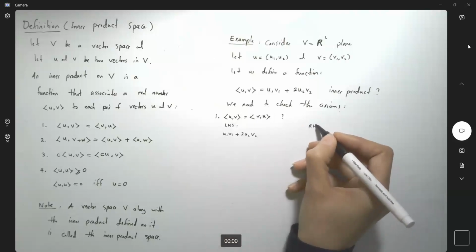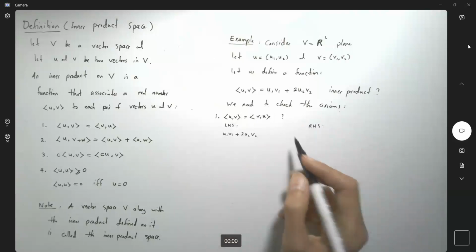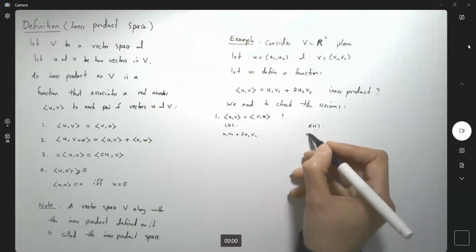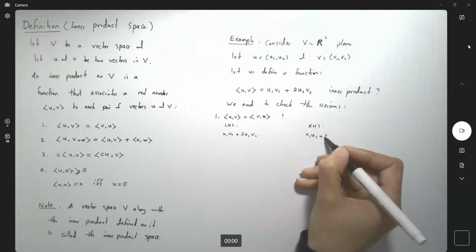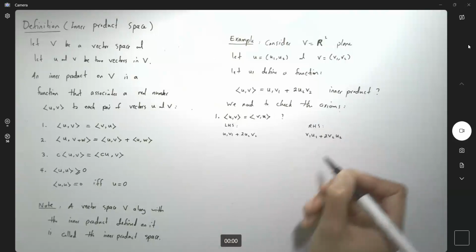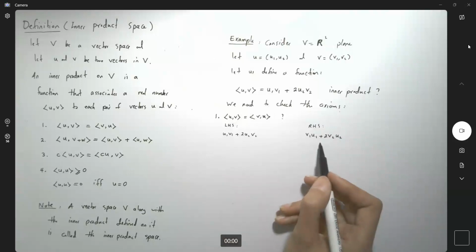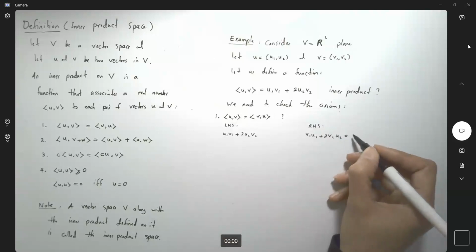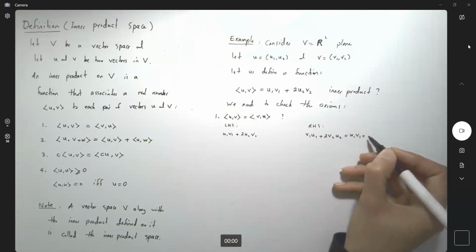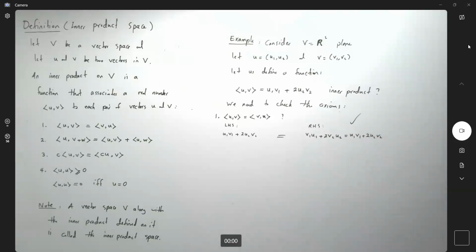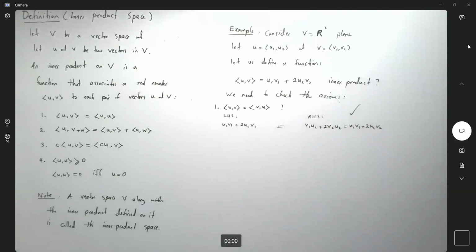On the right-hand side, however, we have V and U. So it is V1 U1 plus 2 times V2 U2. But this is just multiplication between elements, all right? We can switch them around. This is basically U1 V1 plus 2 U2 V2. They are equal to each other. So we don't have any issue with the first axiom.